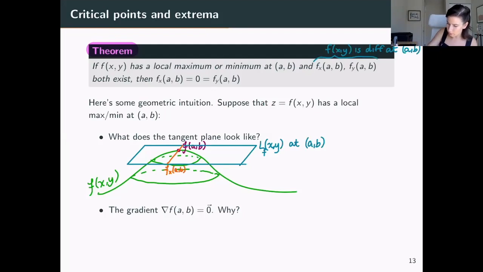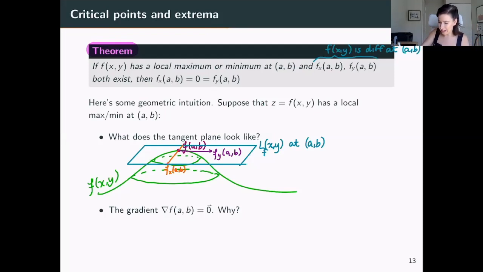And we would also have in the other direction, I could draw f sub y of (a, b). So here, an arrow to give it some kind of direction. And we have our other f sub x of (a, b).